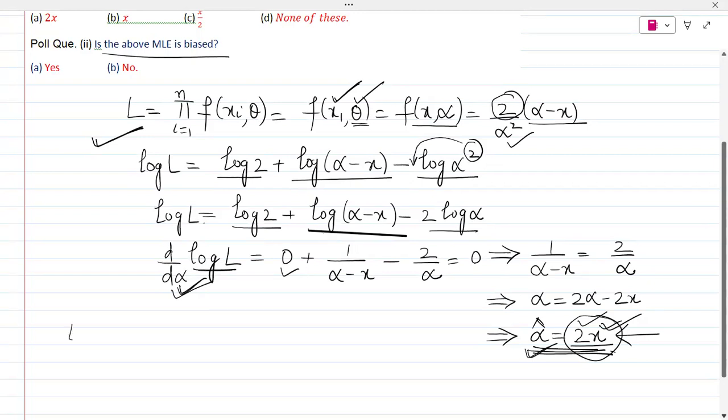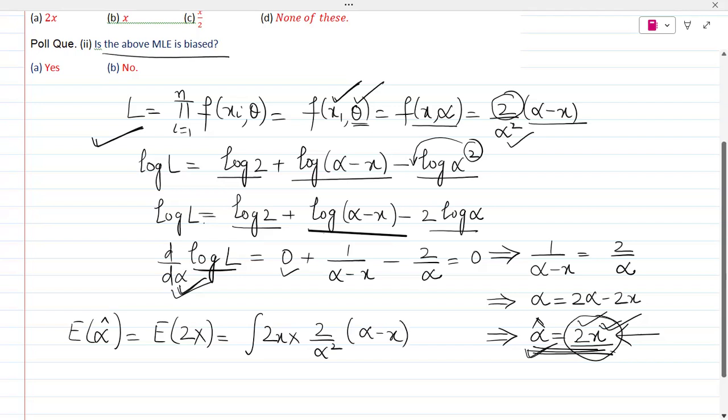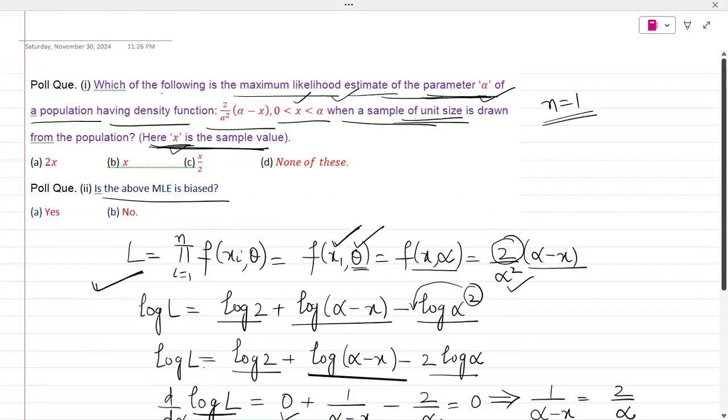So the expected value of this alpha cap, that is the expected value of 2x, is now the integration of 2x into 2 by alpha square and alpha minus x. Wait, here it will be dx, and x is from 0 to alpha. If you have observed, it is mentioned that x is from 0 to alpha.